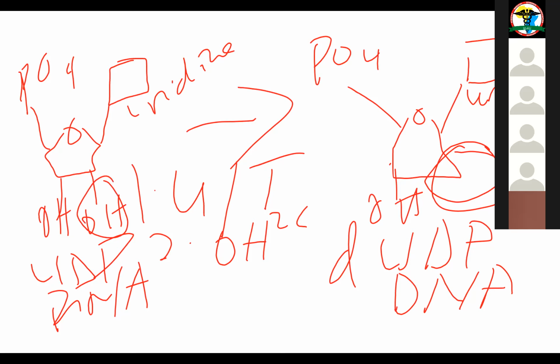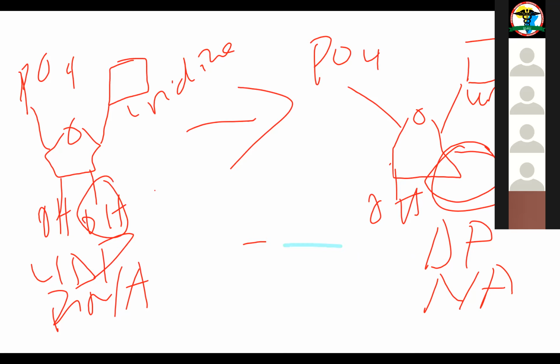And which enzyme is responsible for that? Which enzyme is responsible for that? UDP synthetase. Okay. The enzyme is what? Any other opinion?